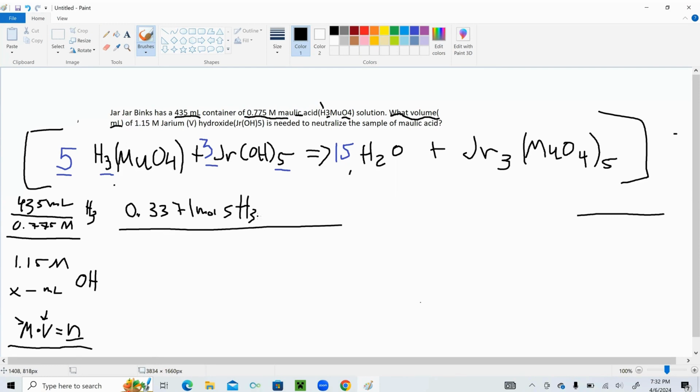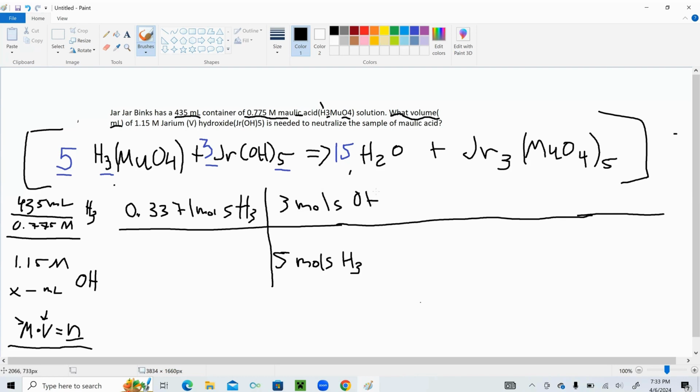Now, if you've done this before, we got to use basic stoichiometry. So, using our chemical formula, we know that for every 5 moles of acid, we get 3 moles of hydroxide.